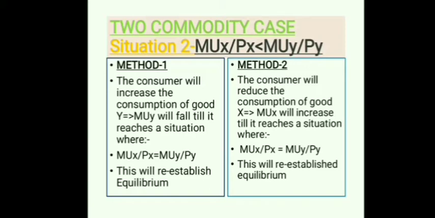On the other hand, if the consumer increases the quantity of good Y, MUY will come down and MUY by PY will reduce till it becomes equal to MUX by PX. Here the consumer is adjusting only the marginal utility. This is how equilibrium is re-established in the case of the cardinal utility approach.